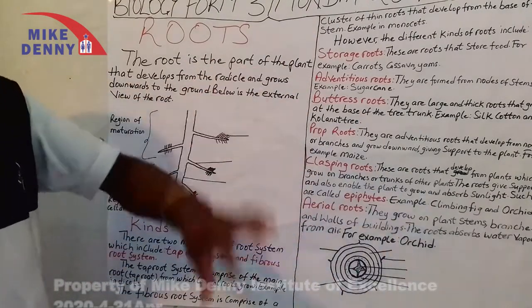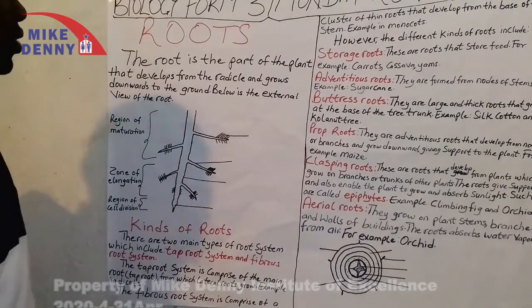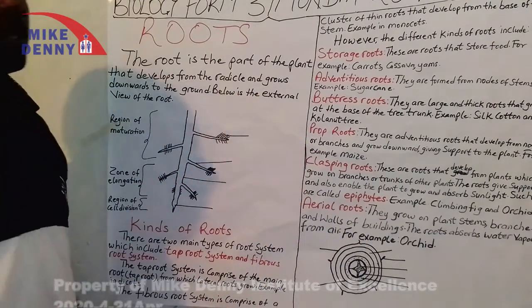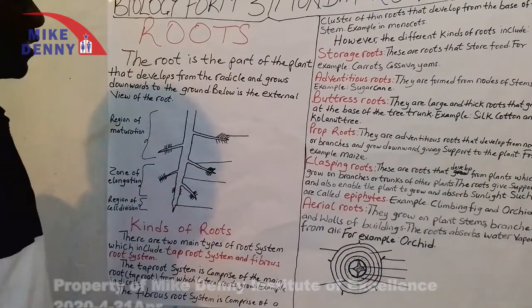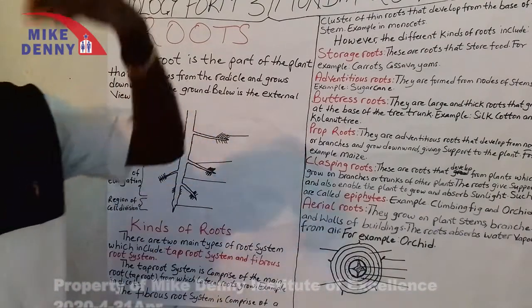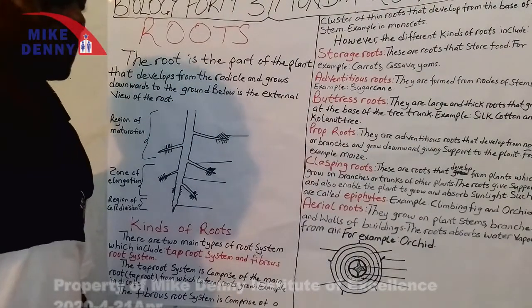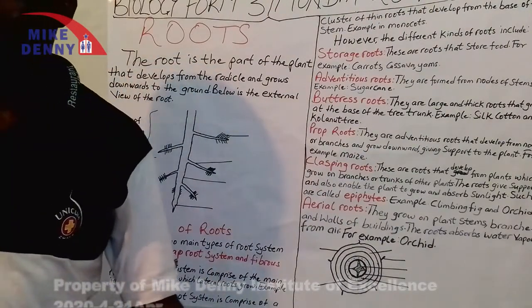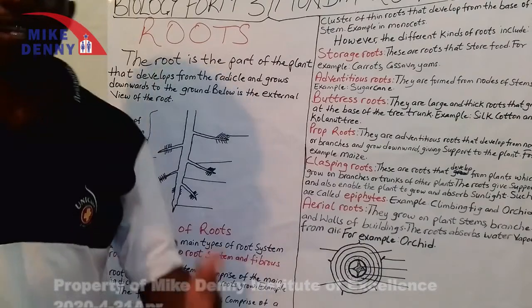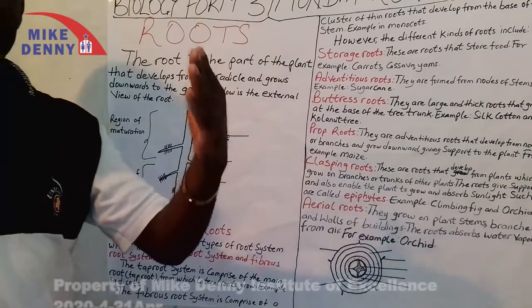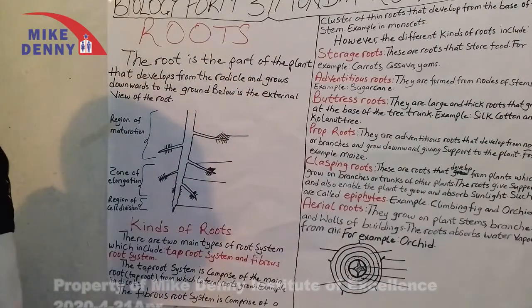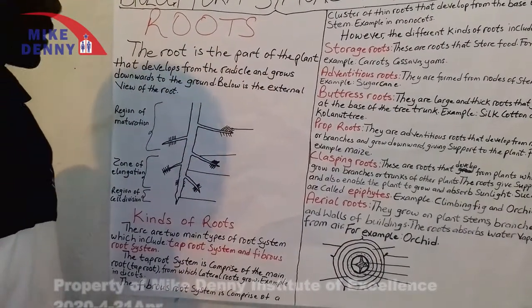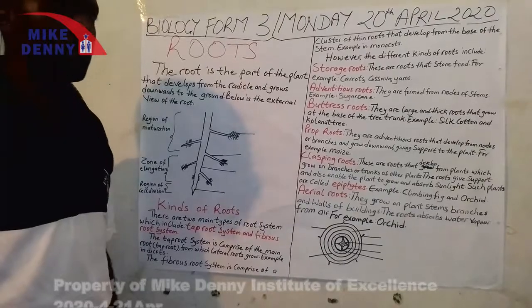The part that grows downward is called the radicle, and it's this part that forms the roots of plants. The part that grows upward, how do we call it? Can somebody suggest? Somebody says the plumule. The part that grows upward is called the plumule.